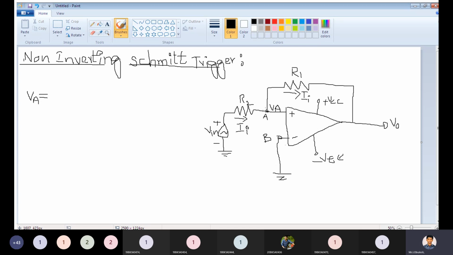The voltage at node A is equal to what? According to KVL, Kirchhoff's voltage law, at node A, VA is equal to I into R. Here the I is Ii and the R value is R2.